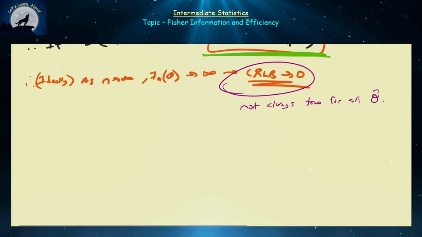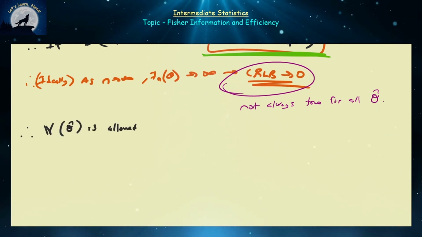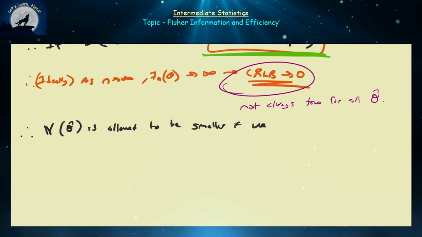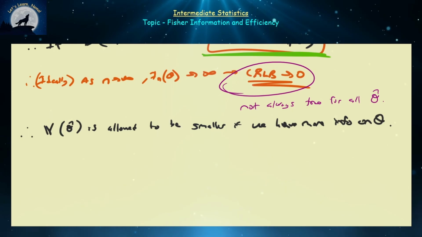So that means what? That means the variance of theta hat is allowed to be smaller if we have more information on the parameter that we're seeking to estimate with theta hat.